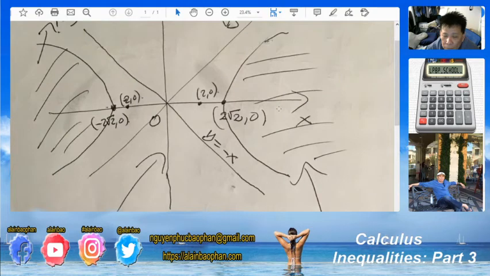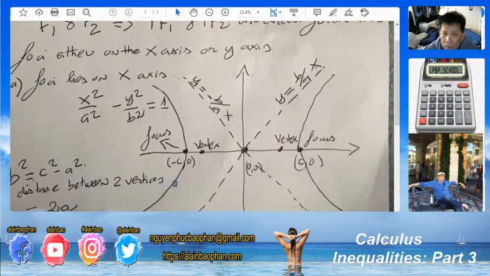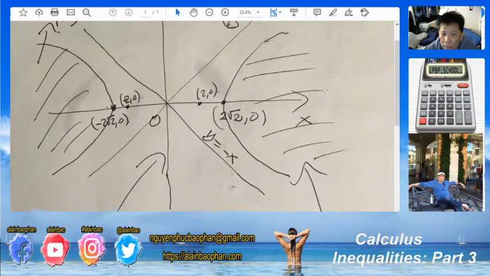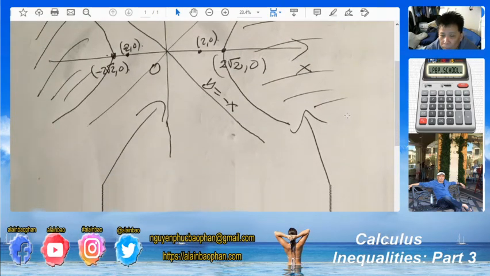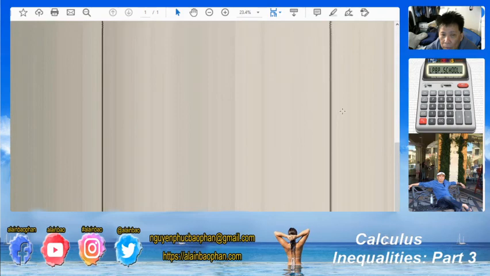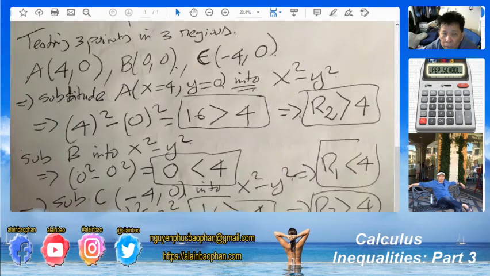So we need to put it back and test 3 points. The first point, A, x equals 4, y equals 0. Then we substitute into x squared minus y squared, to see if it is greater than 4 or less than 4.